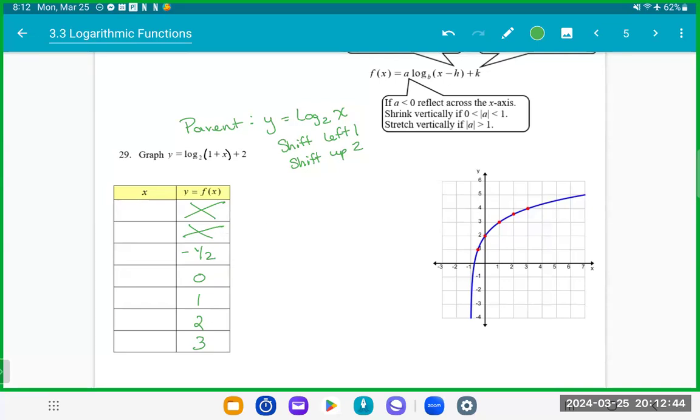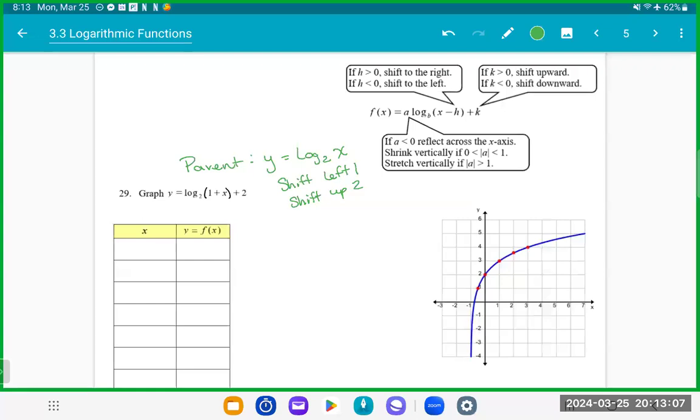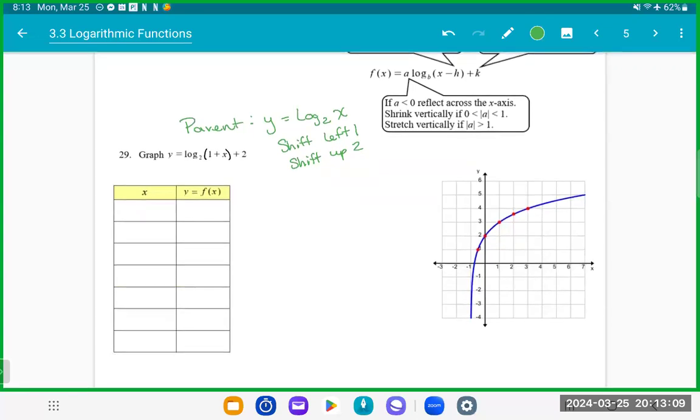Our x isn't in the exponent now, so we can put it on our y.